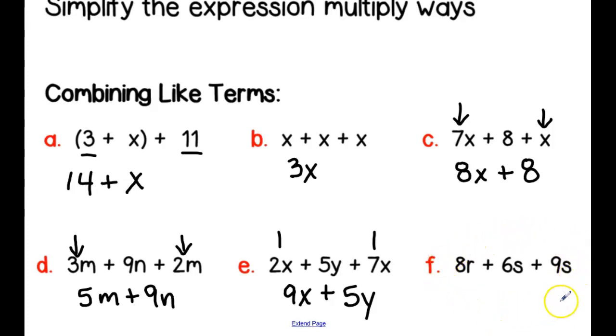In this next example here, we're looking and the s's are the same, so we can combine those two like terms. 6 plus 9 gives us 15 s's, and the 8 does not have anything else that can go with it, and because we don't know the variable, we cannot combine any further, so we have 8r plus 15s.